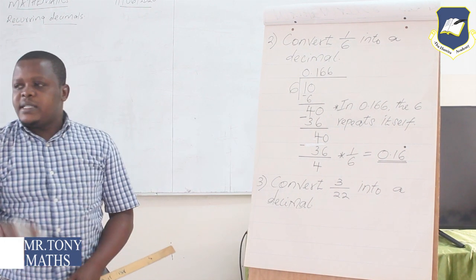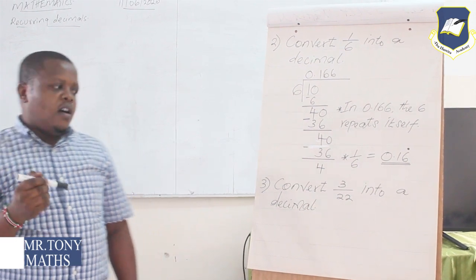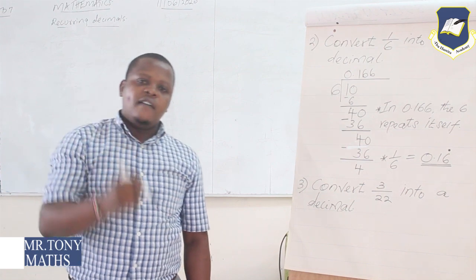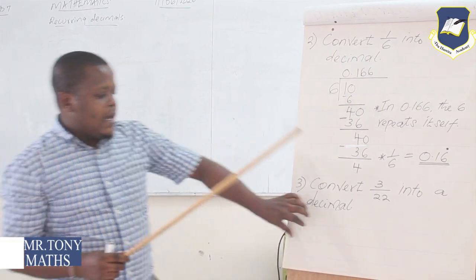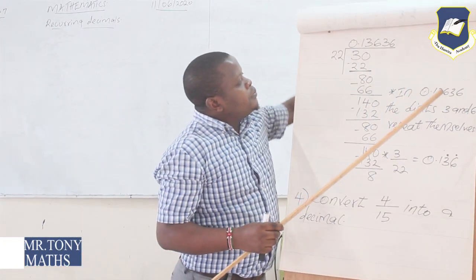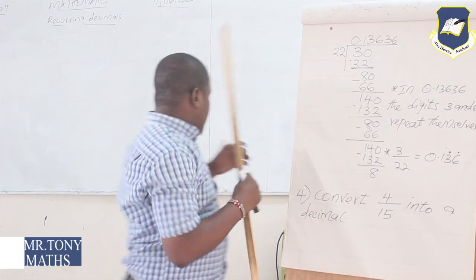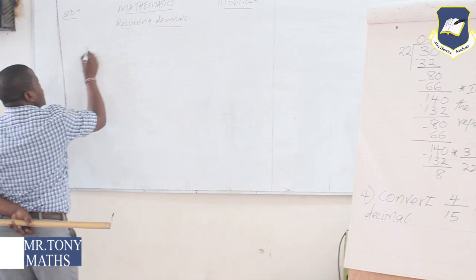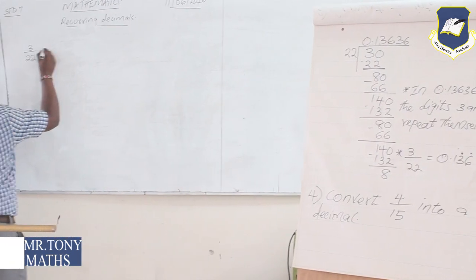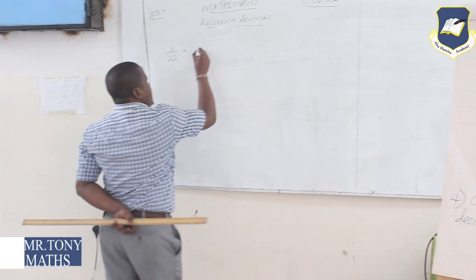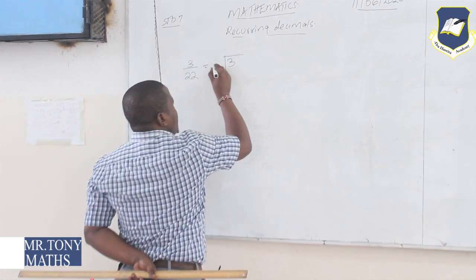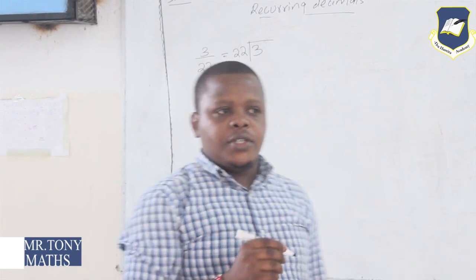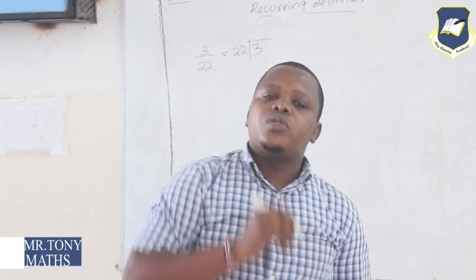Our example number 3 says, convert 3 over 22 into a decimal. This means it's 3 divided by 22. 22 won't go into 3.